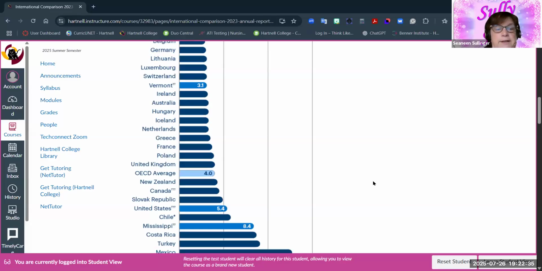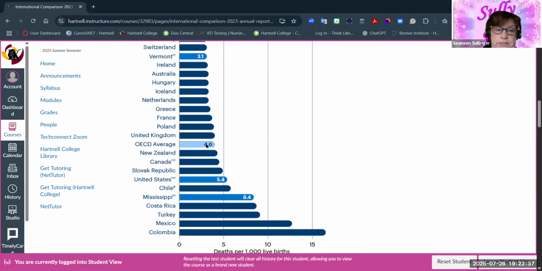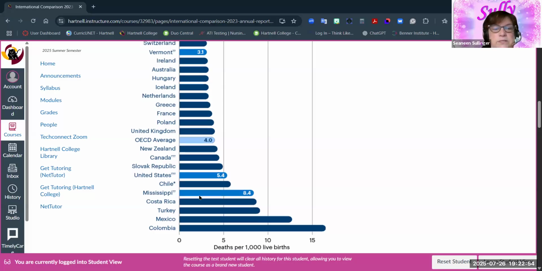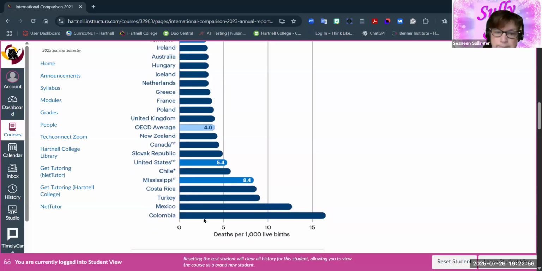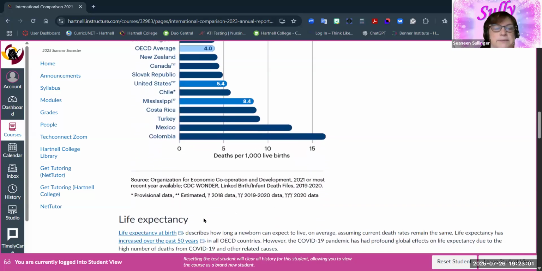But if you look at the average of the countries they are looking at, the average is 4 deaths per 1,000 live births. But the United States is at 5.4, and Mississippi is even higher than that, 8.4. What is going on in Mississippi? We need to take a look at that. What is going on in Mexico and Colombia that they're having so many infant deaths?